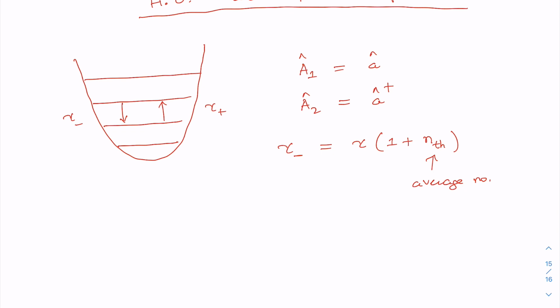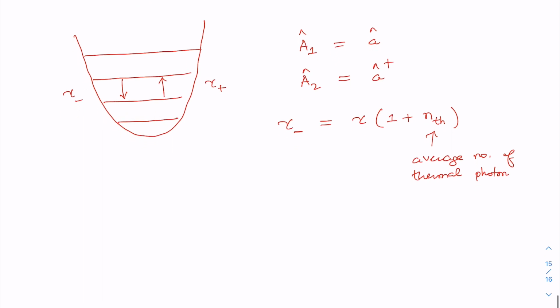In fact, if you go to the T equal to 0 case, the average number of thermal photons would be 0, and then you will retrieve the earlier decay rate.